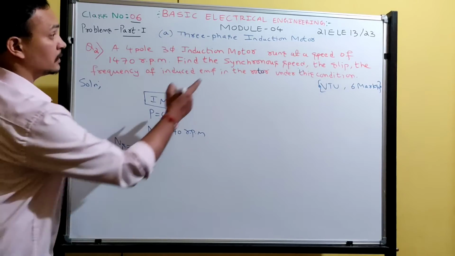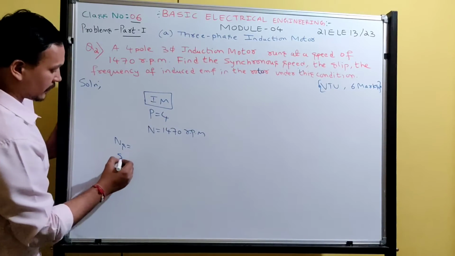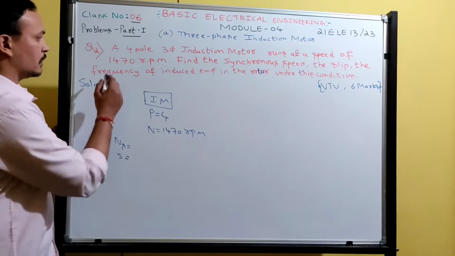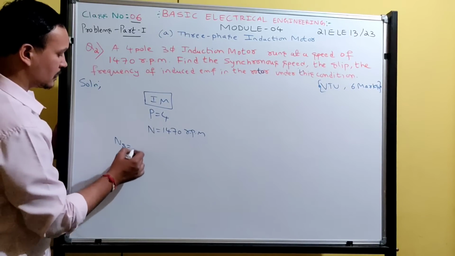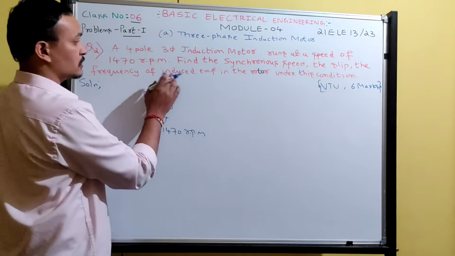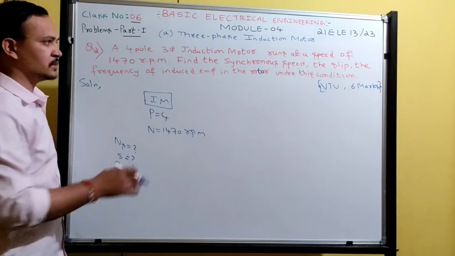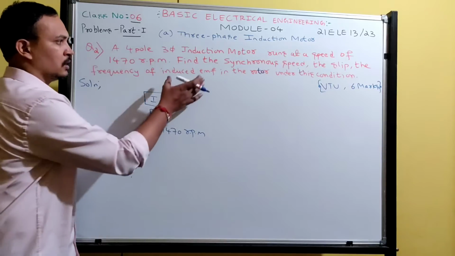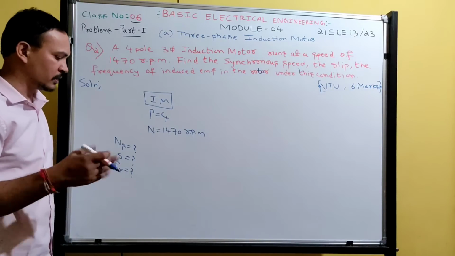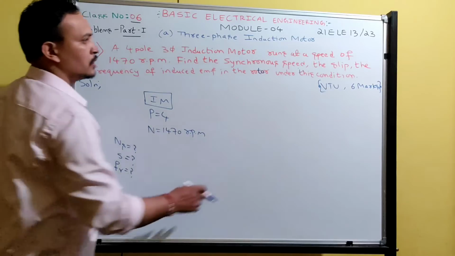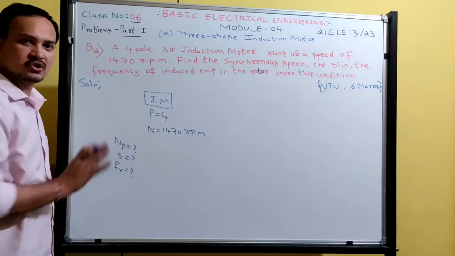Okay. And then slip. What is the value of slip? And also they are asking what is the frequency of induced EMF in the rotor? That is FR. They can ask rotor current frequency or rotor induced EMF frequency. Everything is FR only. Okay. Under this condition.